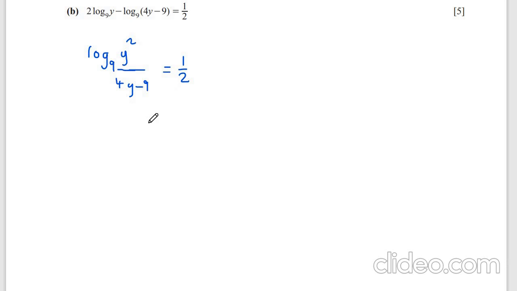And then, well, if you consider this to be times 1, and in terms of log, 1 can be written as log 9 base 9. So when you have the same number and the base, that equals 1. So let's write it like that first.